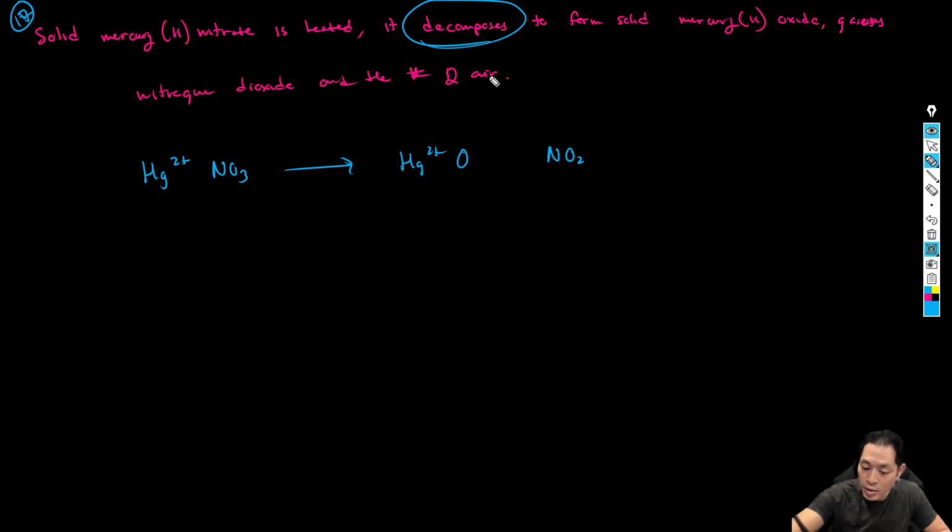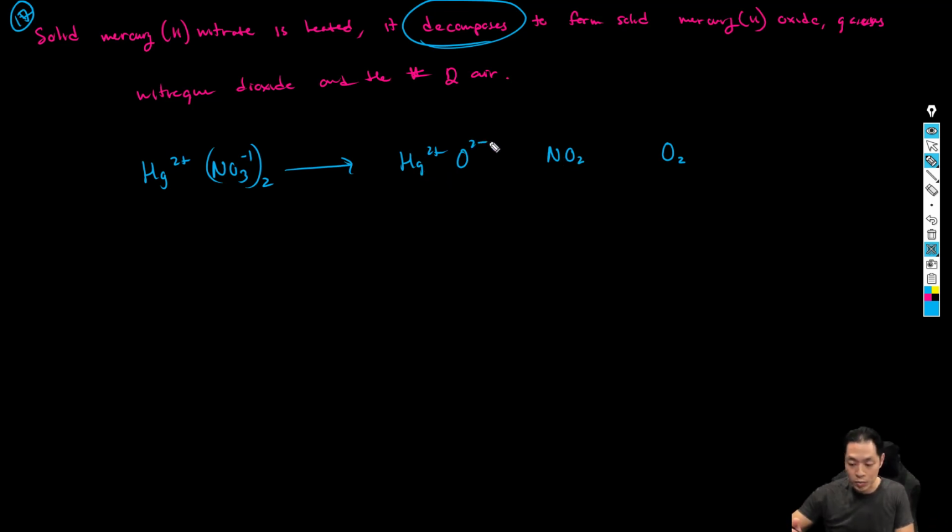And oxygen gas, which is diatomic, so it's O2. So here we go. Let's make sure that our ionic compounds are balanced. Hg is 2 plus, NO3 is 1 minus, so I need 2 of these to balance it out. And oxide is 2 minus, so we're good on the right side.